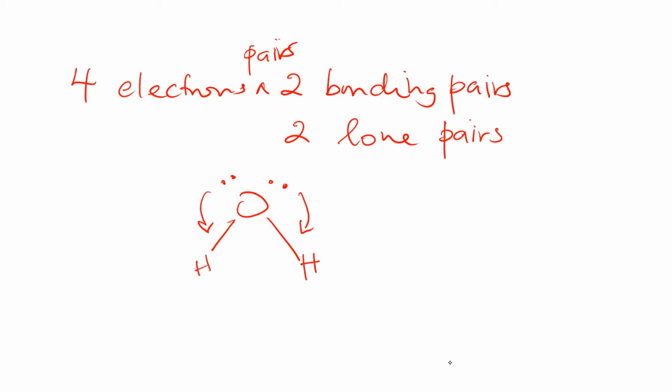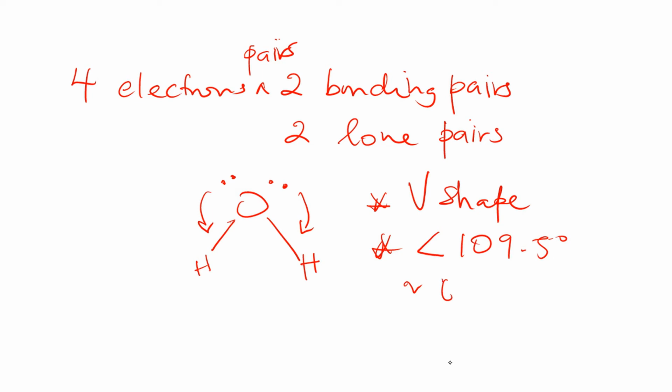So this will result in the molecule adapting. It wants to adapt the tetrahedral shape, but because of the presence of the lone pairs, it adapts a V shape with a bond angle less than 109.5 degrees, approximately 105 degrees.